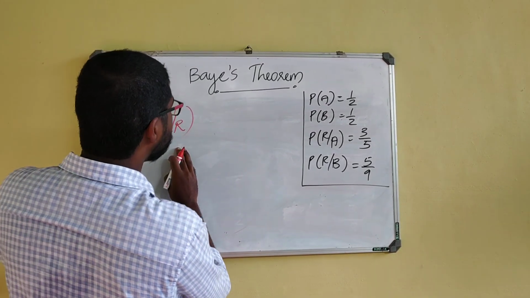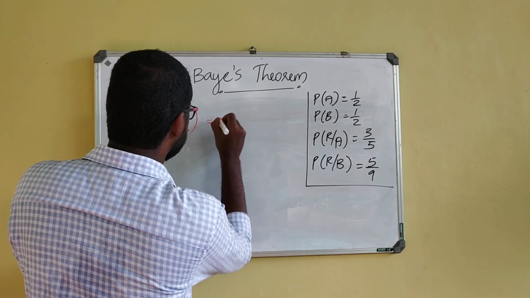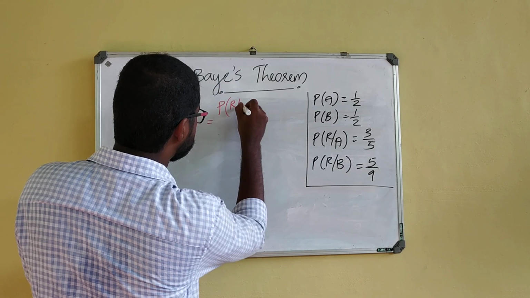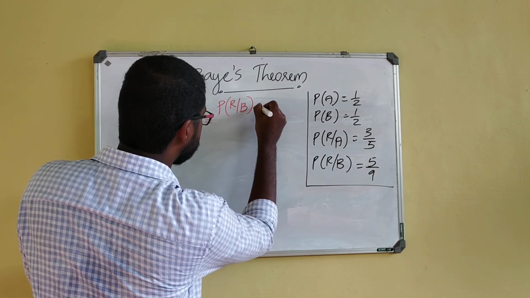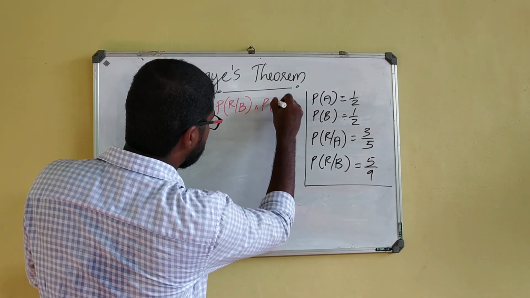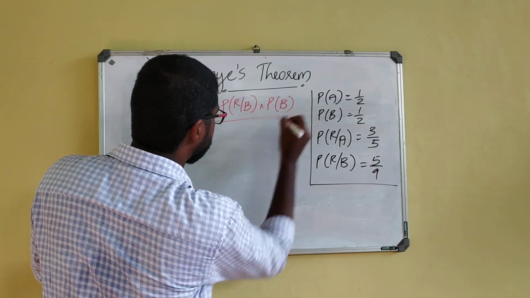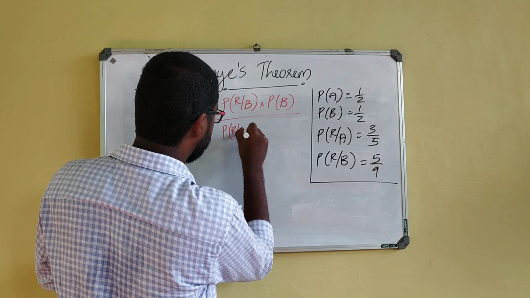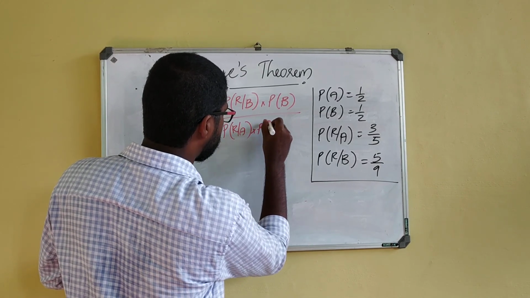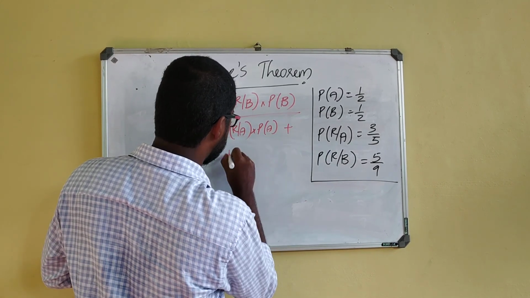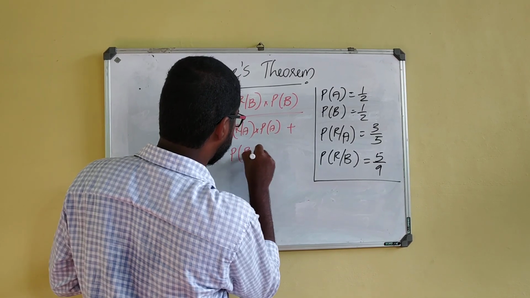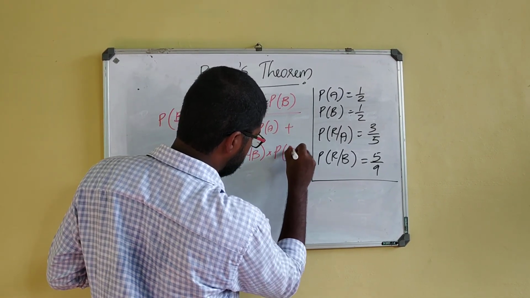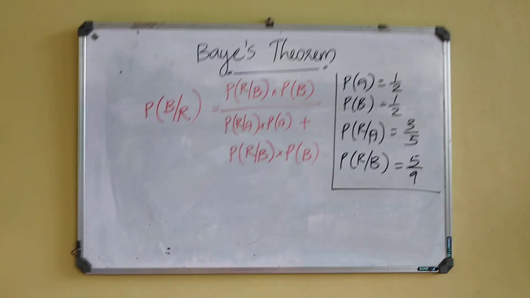So by definition of Bayes theorem, it is probability of red ball given from box B into probability of box B, divided by probability of red ball given from box A into probability of A plus probability of red ball choosing from box B into probability of B. Okay.